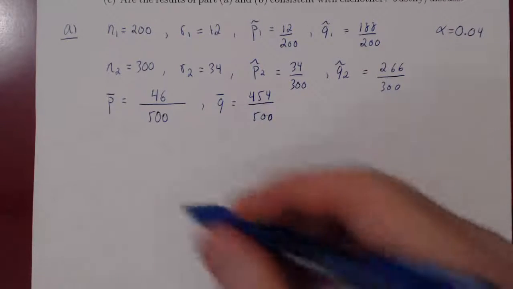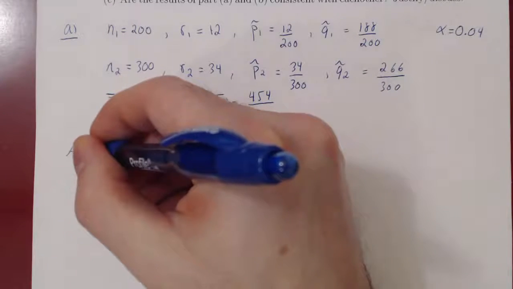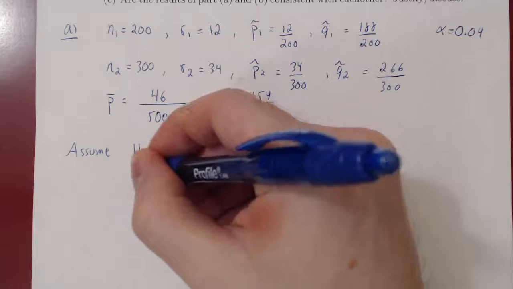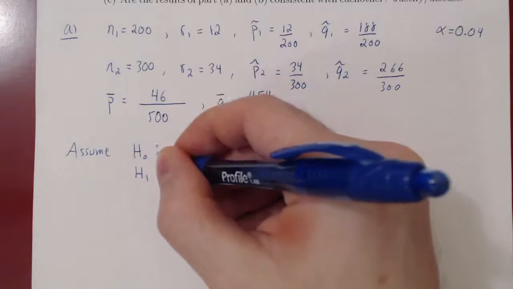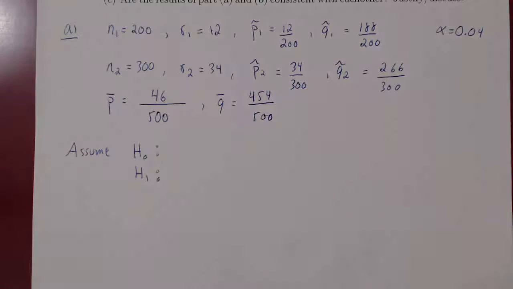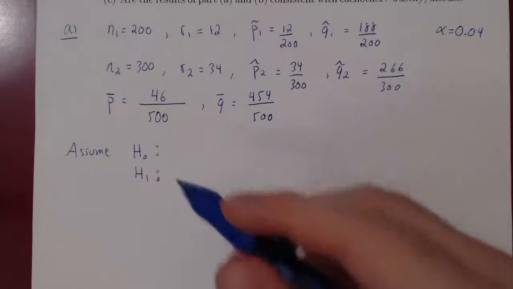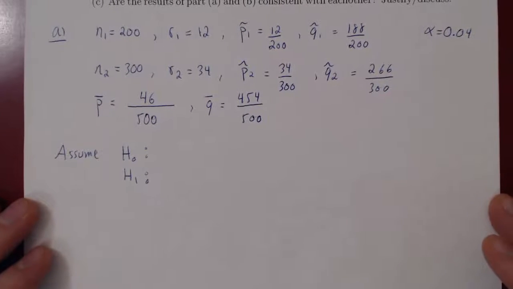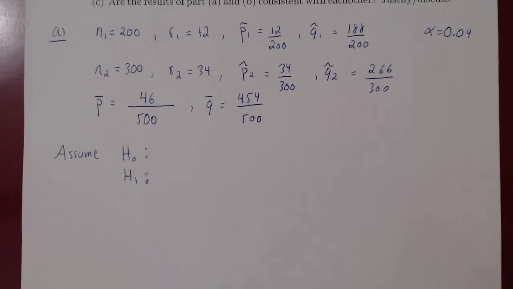So what will be H0 and H1? Well, we are considering proportions of defective USB keys from two factories. As always, H0 is the hypothesis of no change. Therefore, there is no difference between the proportion of defective USB keys produced in factory 1 and in factory 2.